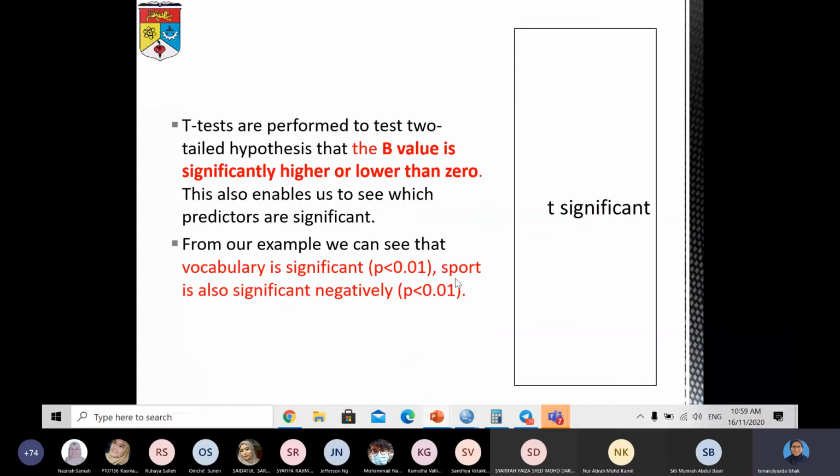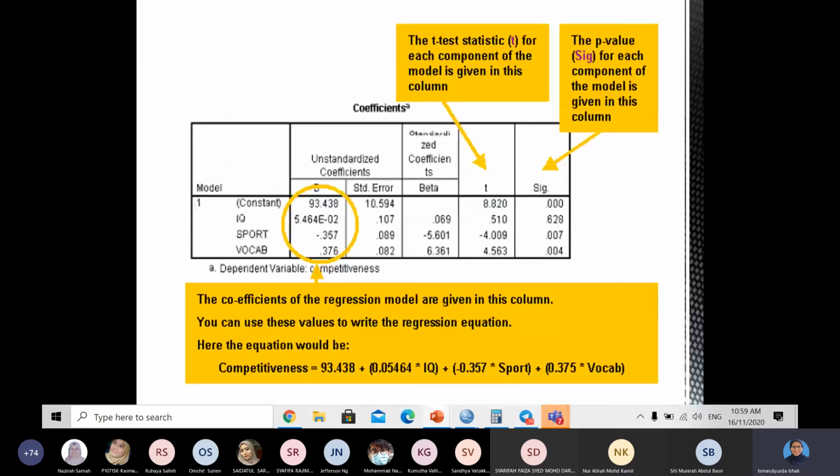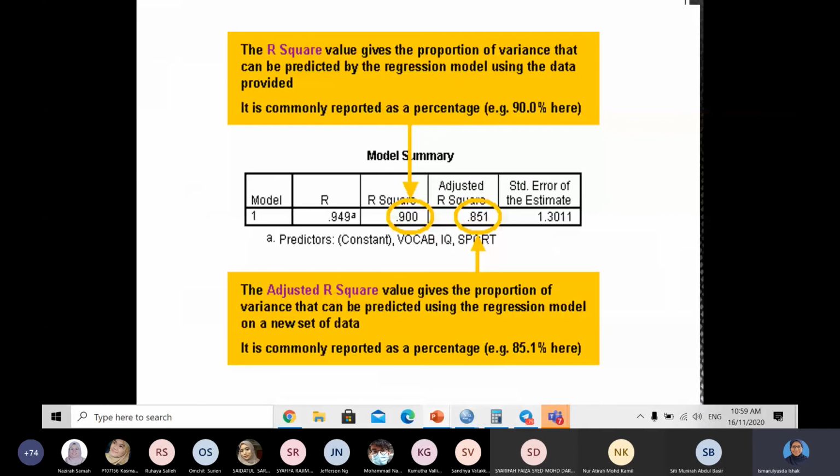T-tests are performed to test the two-tailed hypothesis that the B value is significantly higher or lower than 0. Vocab is significant, and sport is significantly negative. Any questions from these examples?